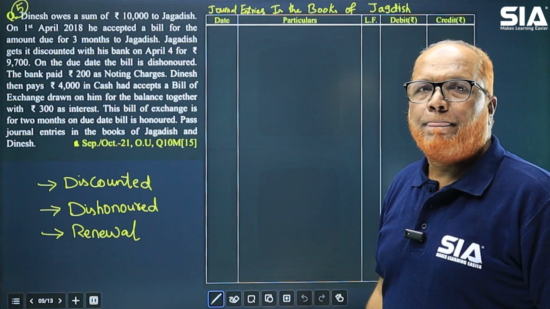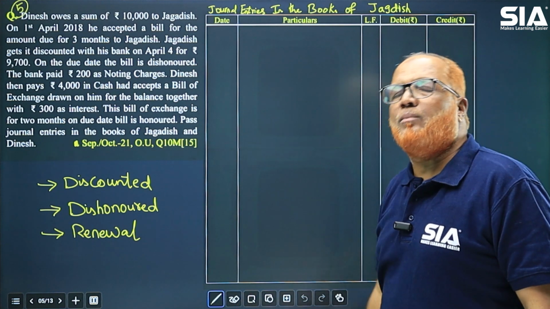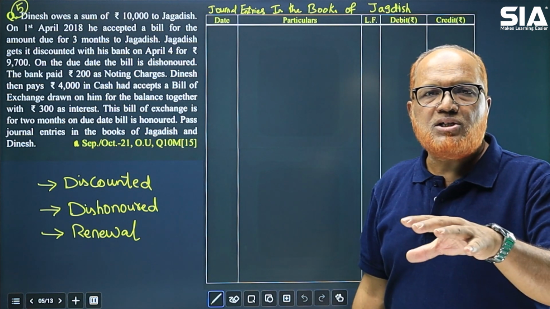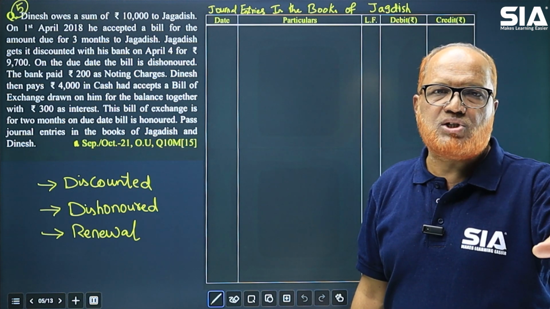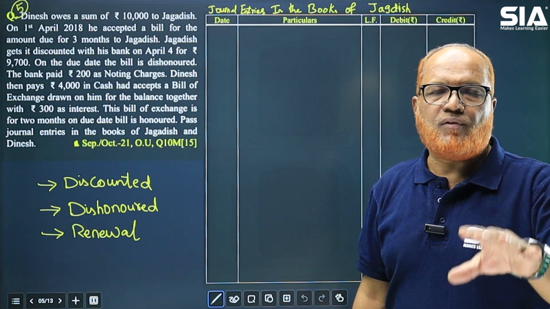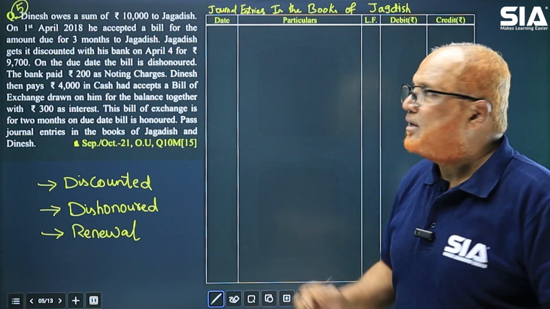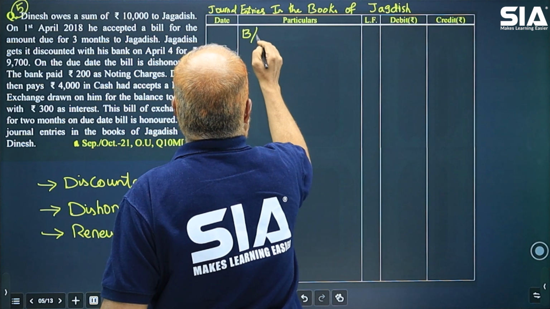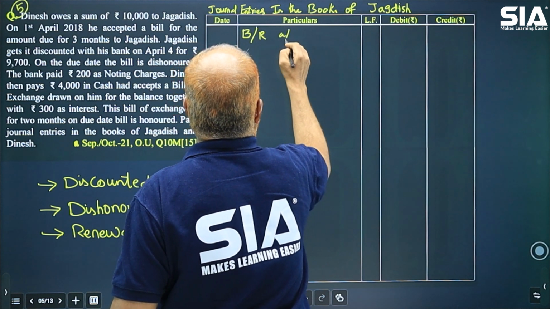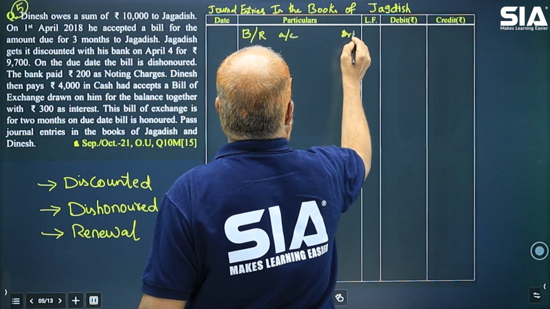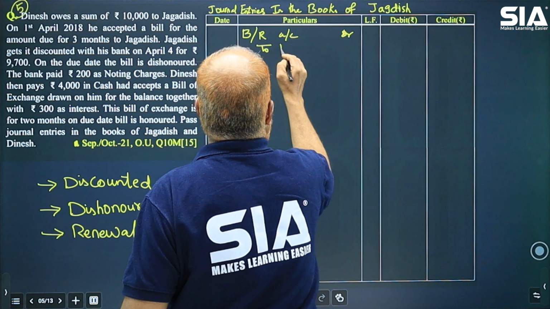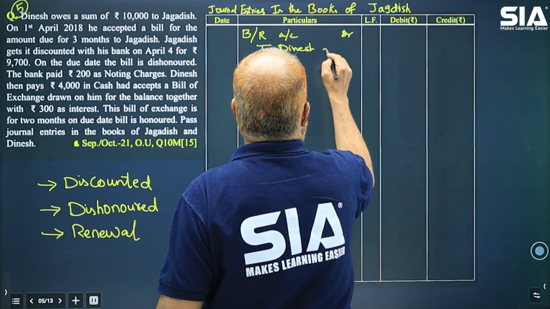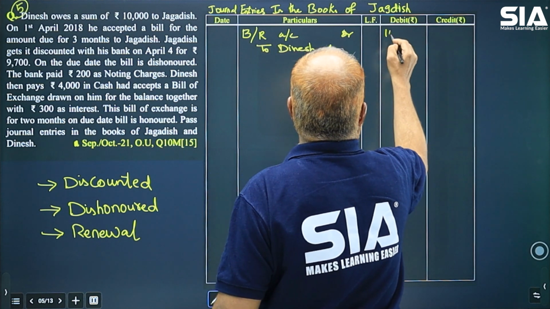Now, first of all, I'm going to write the journal entry in the books of Jagdish. He is the drawer. Jagdish has drawn a bill of exchange on Dinesh. So for Jagdish, bills receivable. So entry will be bills receivable account debit, to Dinesh. The bill amount is 10,000.